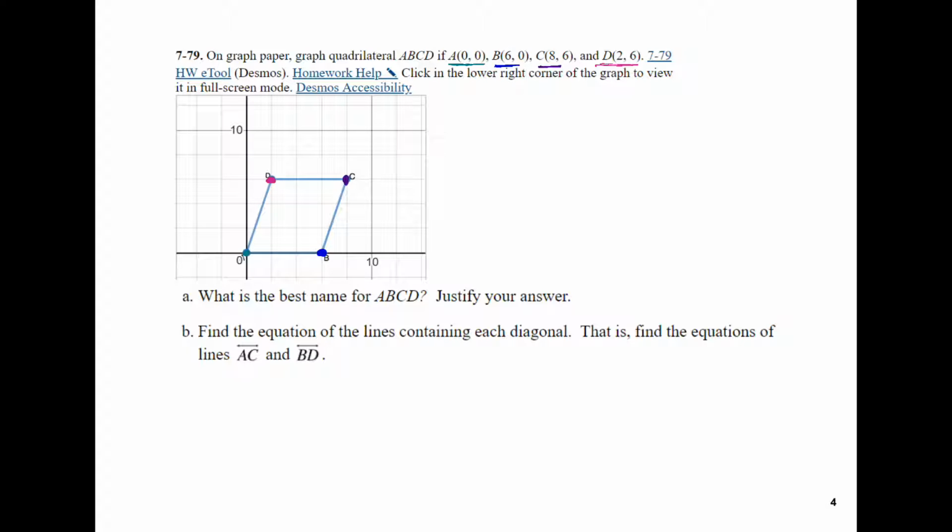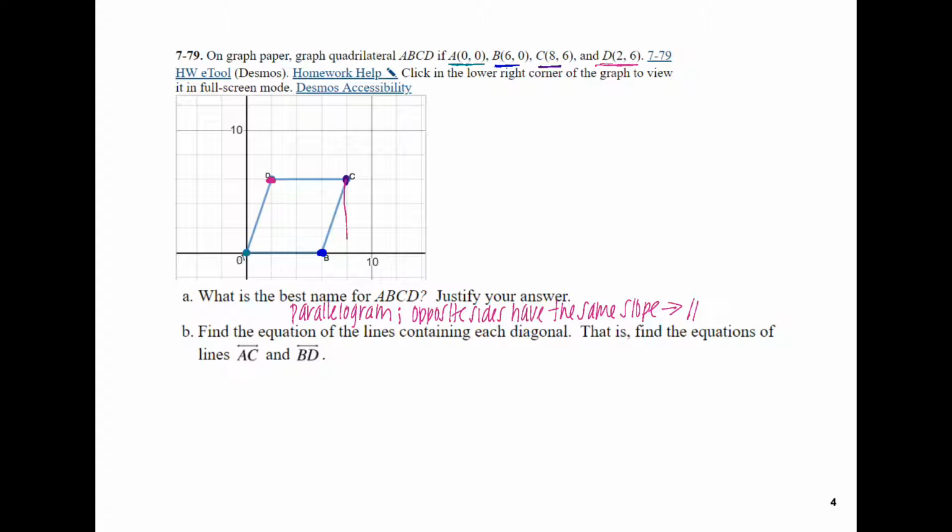What is the best name for ABCD? It is a parallelogram. And I know that because my opposite sides have the same slopes, which implies that they are in fact parallel.